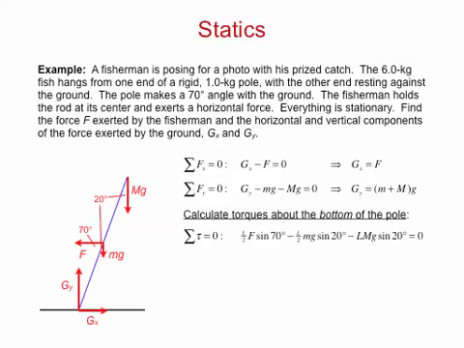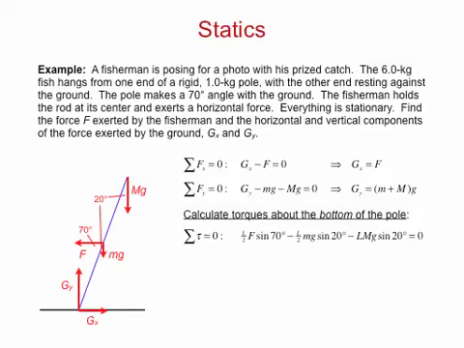The pulling force F would tend to make the rod rotate counterclockwise about the bottom point, while the two weight forces would tend to make the rod rotate clockwise. Therefore, F gives rise to a positive torque, and the other two, negative torques.